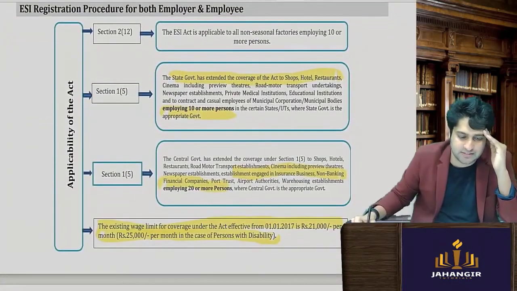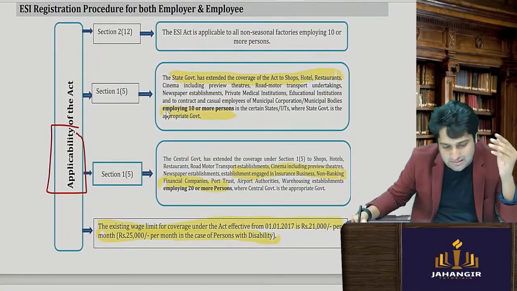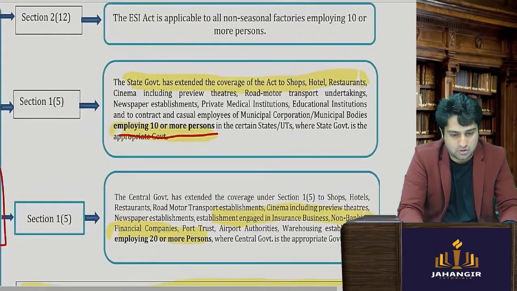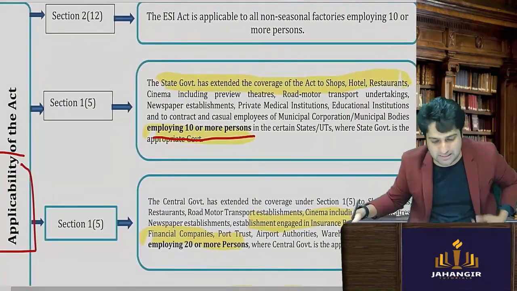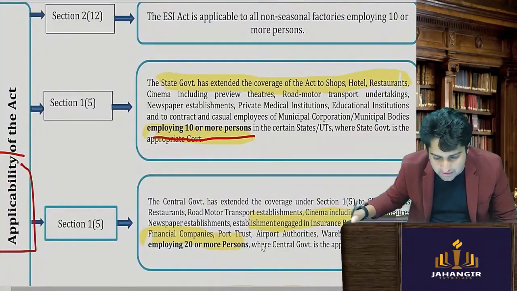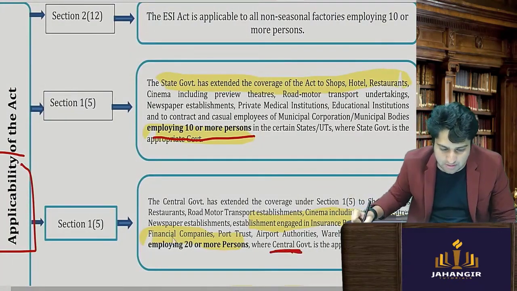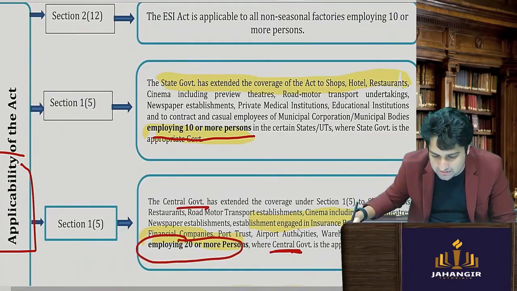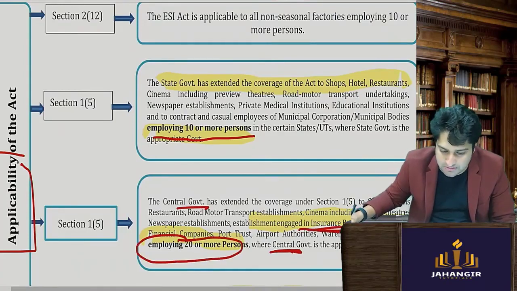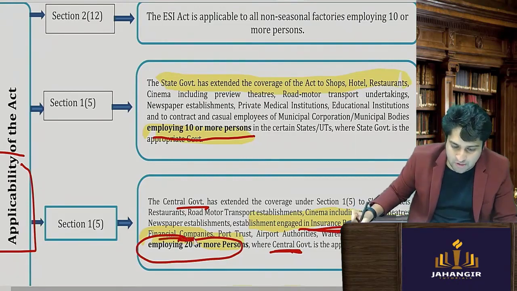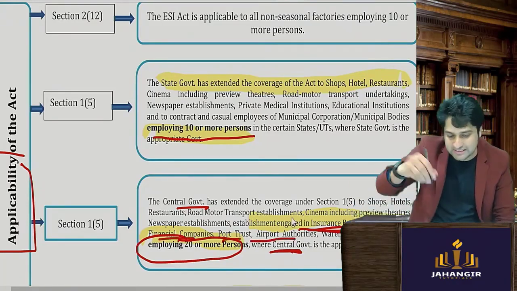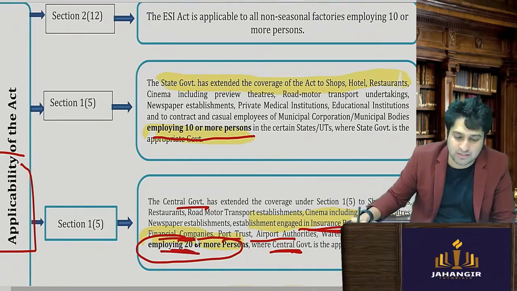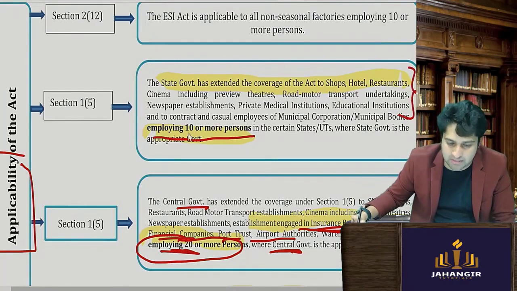Now, when is this Act applicable? The Act is applicable whenever there are 10 or more persons. In the case of government businesses where the central government is the employer, it applies when 20 or more persons are there, and also for insurance business, NBFC, port trust, airport. In these cases the Act will be applicable when there are 20 or more, and in all other cases it will be 10 or more.